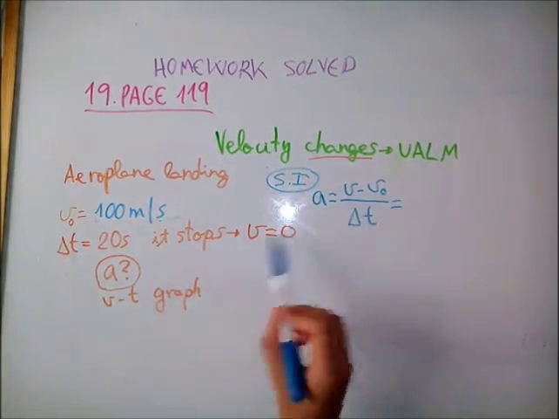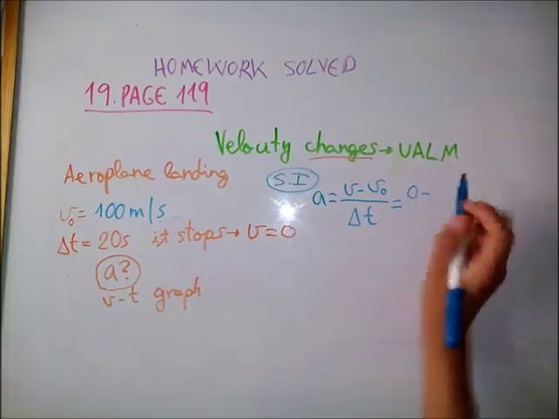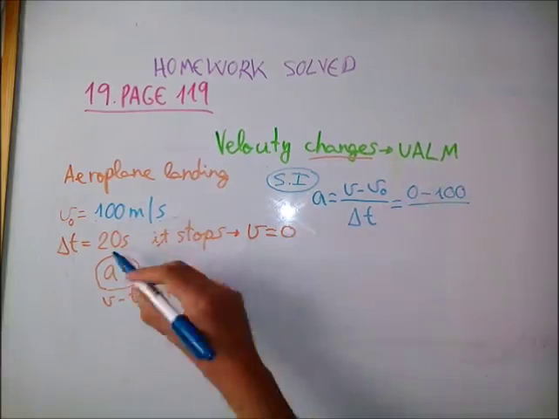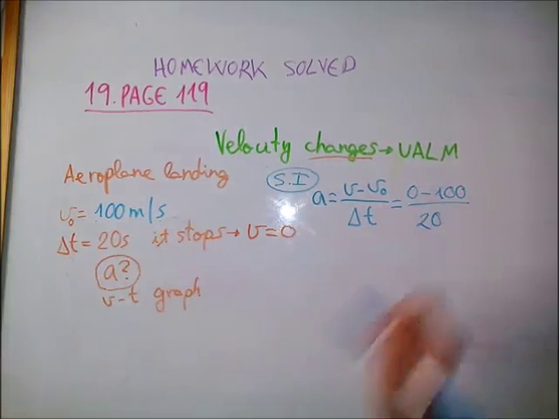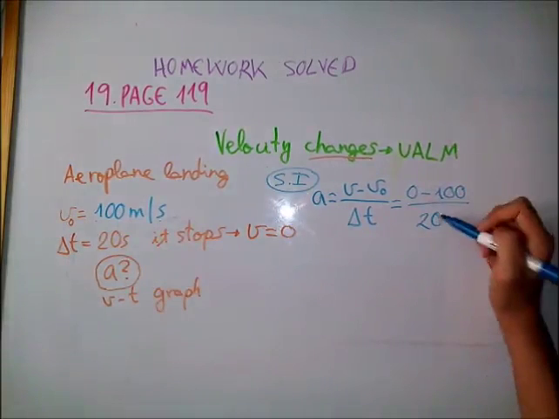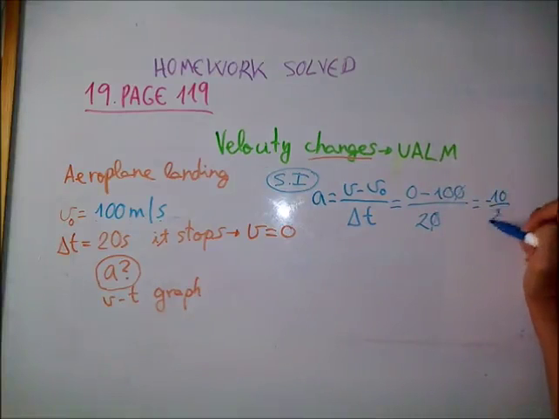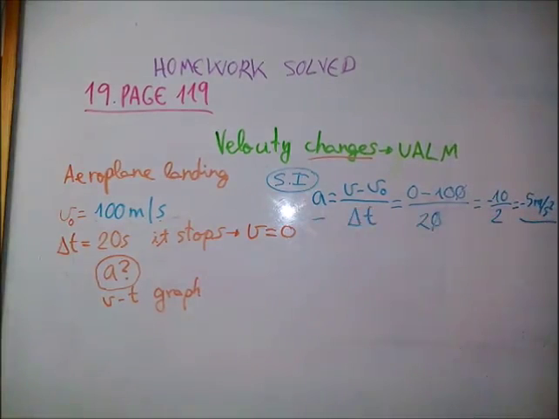So we have final velocity, which is 0, minus initial velocity, which is 100, divided into time taken, which is 20, okay? So 0 minus 100 is minus 100 divided by 20, okay? So we have minus 5 meters per second square.